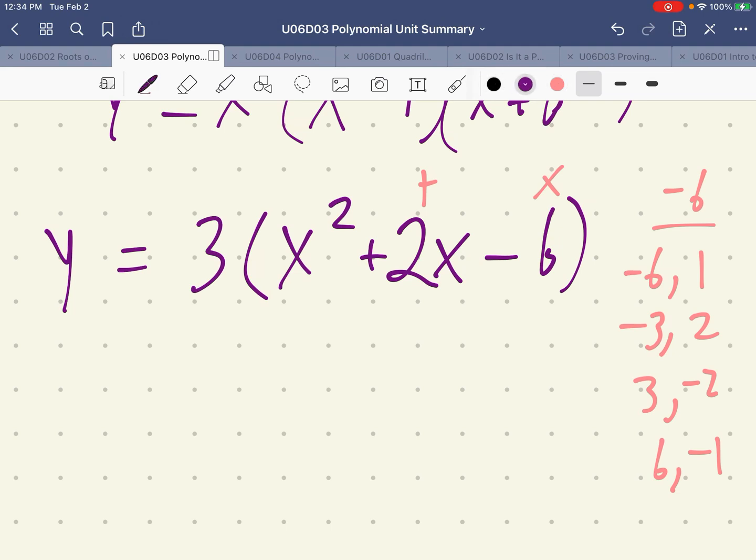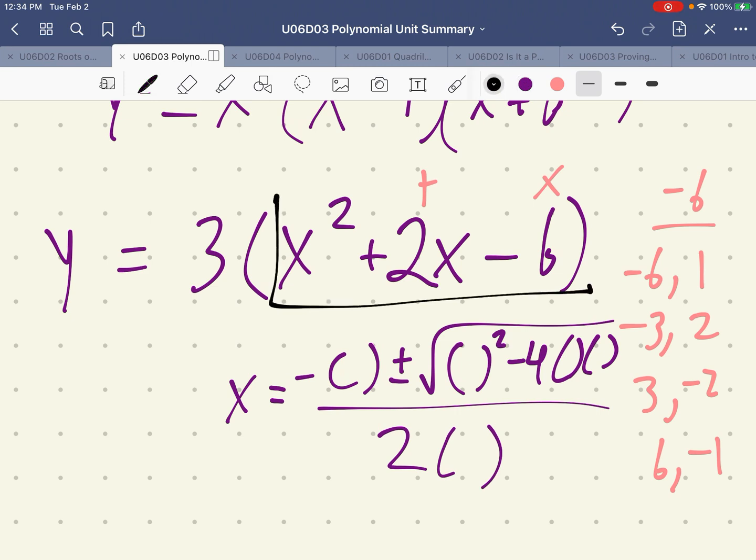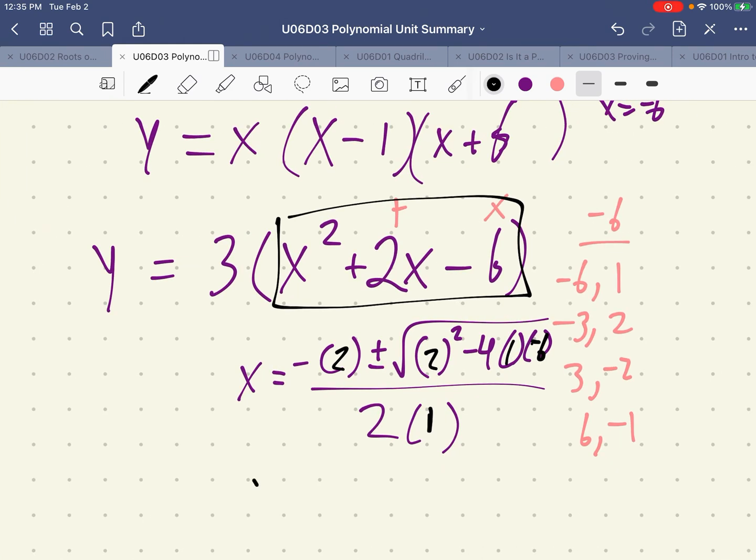So this means we're going to have to use the quadratic formula for this one. We'll use x equals negative b plus or minus the square root of b squared minus 4ac, all of this over 2 times a, using this factor. So we're only focusing on the factor here. We're going to plug in 2 here, 1 here, and negative 6 here, and this is also a 1, and we will try to find out what the roots are using the quadratic formula.